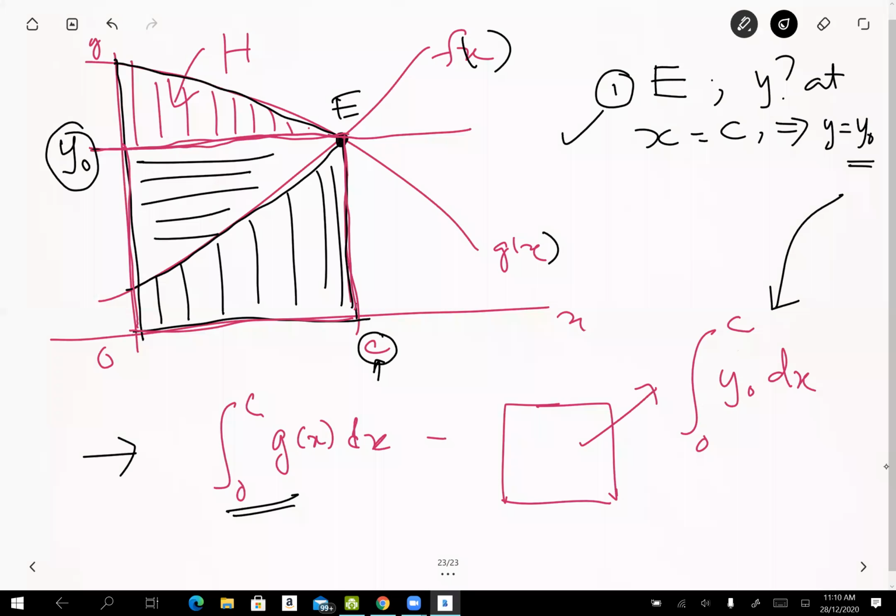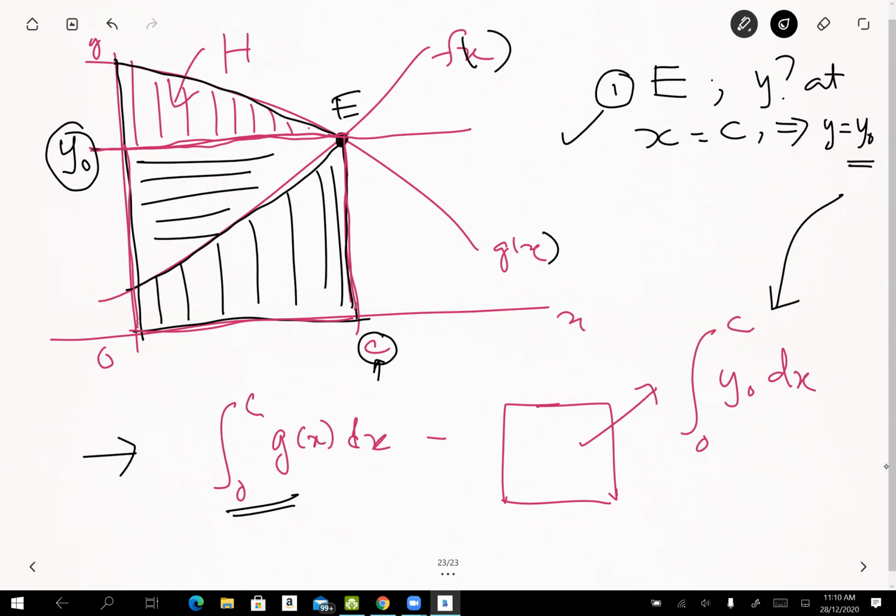So this is the intuition. I drew the rectangle, but now you put it formally. Formally, the area H, I think I will write it down somewhere here, I have enough space.